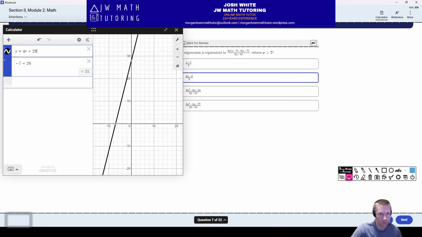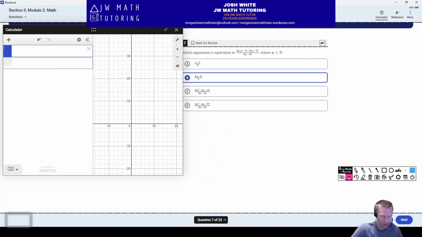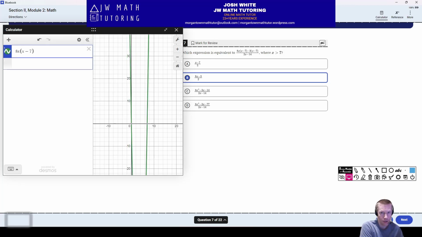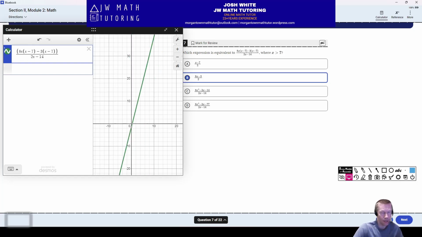However, you can also do this in Desmos. It'll just take a little bit of time to type out the original expression, okay? And then you would go through the answer choices. So if I started with A, I would say, okay, do these things overlap? Clearly not.